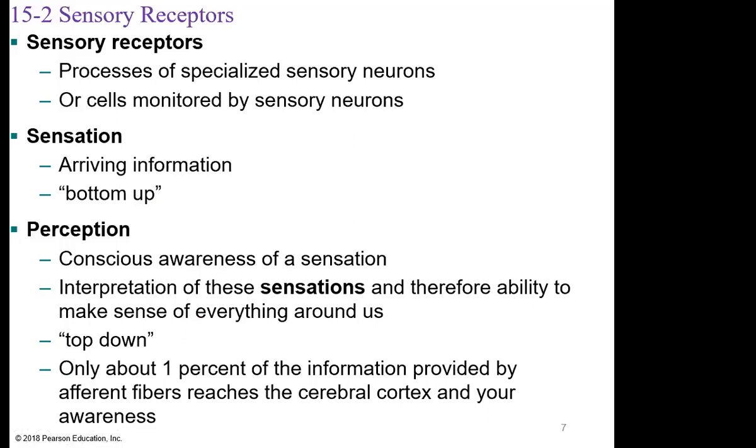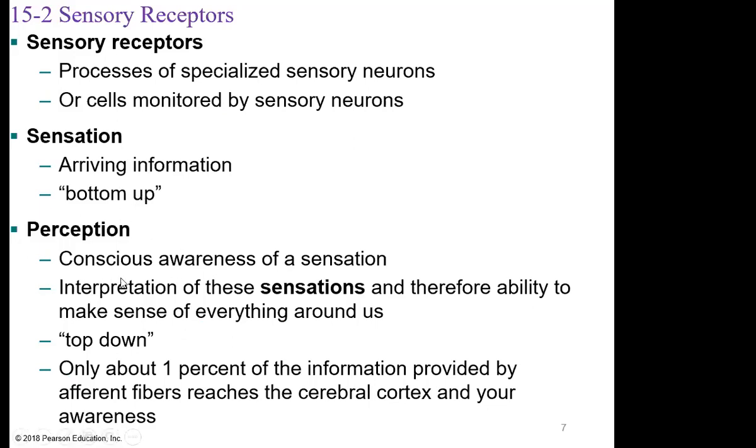Now, perception is not the same as sensation, so you don't want to get those two confused. Perception is your awareness of something. You can have lots of different sensations and not actually be aware of them, because remember, only 1% is going to come to our conscious awareness.